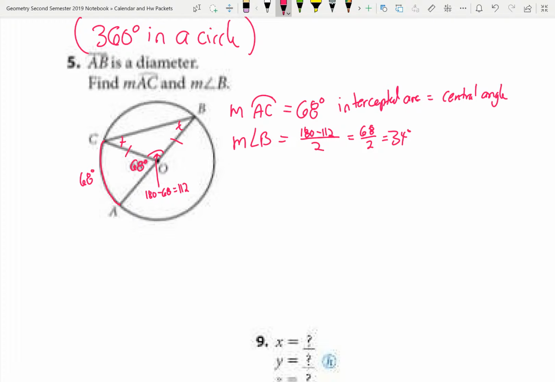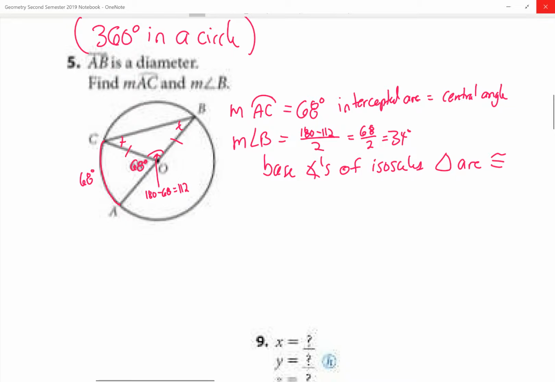And with B, we use the fact that the base angles of isosceles triangles are congruent.